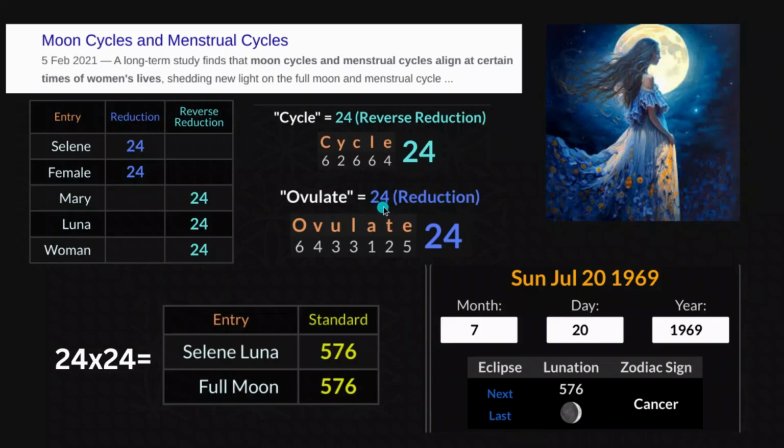And women are known to connect to the full moon. Well, what happens if you type in full moon, guys? Full moon equals 576 in the same cipher as Selene and Luna. And again, 576 is 24 times 24. The moon landing was in lunation 576 on 24 date numerology. Okay?